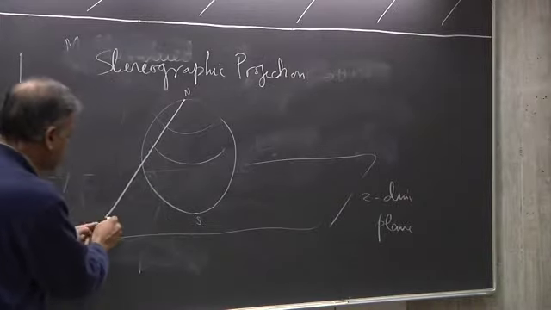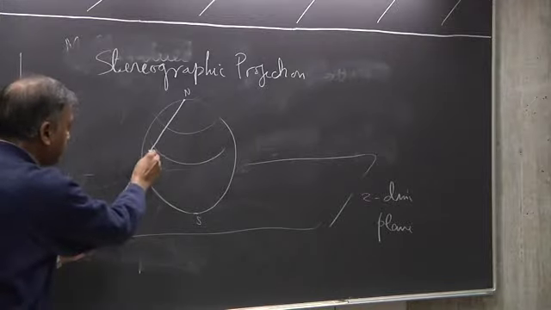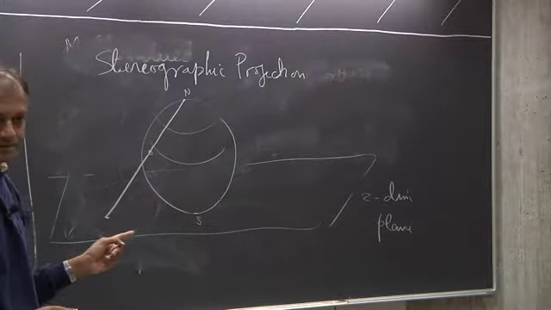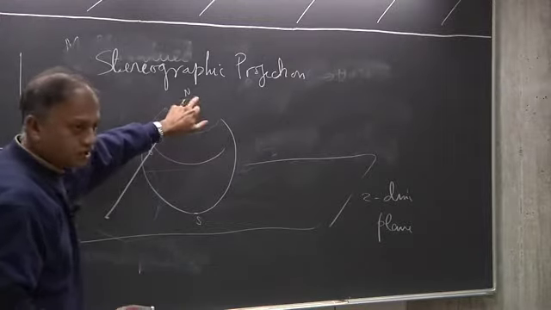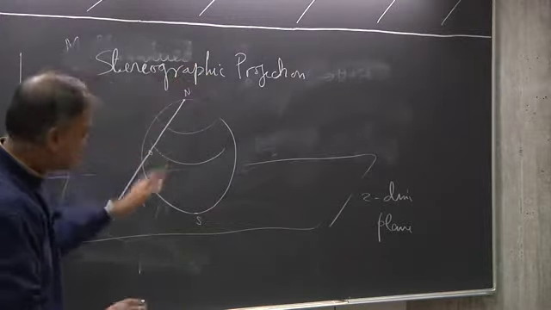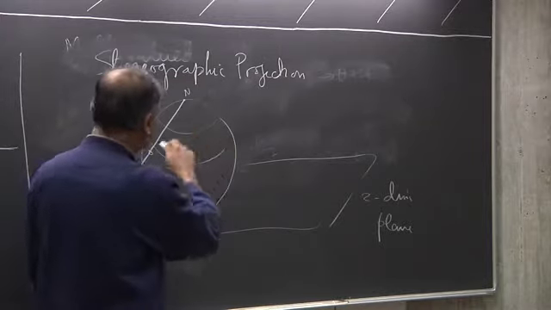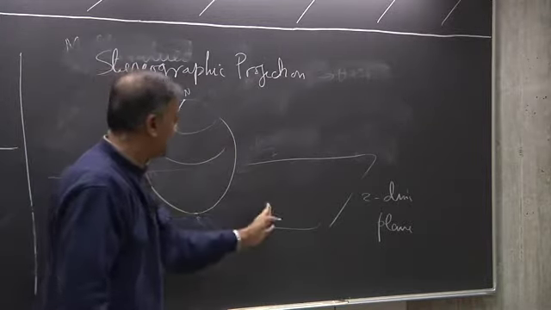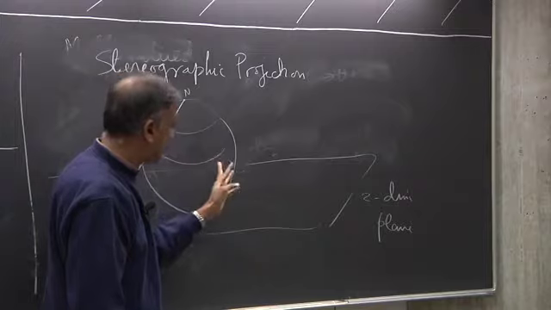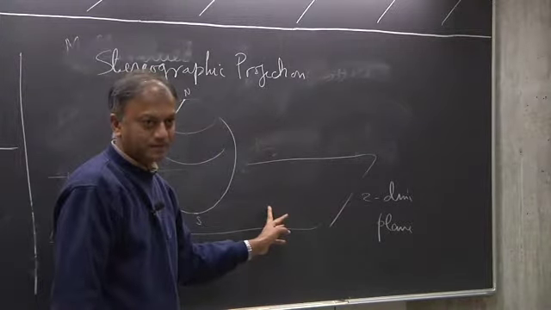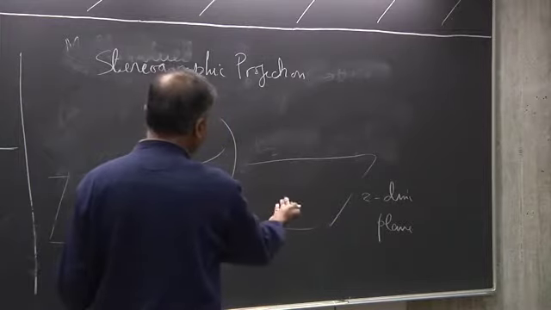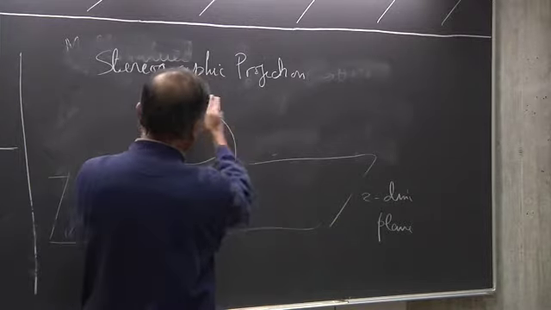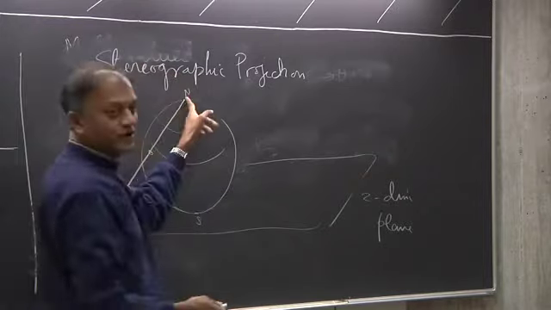Wherever it intersects, you declare that this point is mapped to that point. This is clearly one-to-one, except for the north pole. Forget the north pole, but for any other point on the sphere, this rule associates a unique point on the plane, right? So you can think of this complex plane as just a two sphere, but without the point at the north pole.